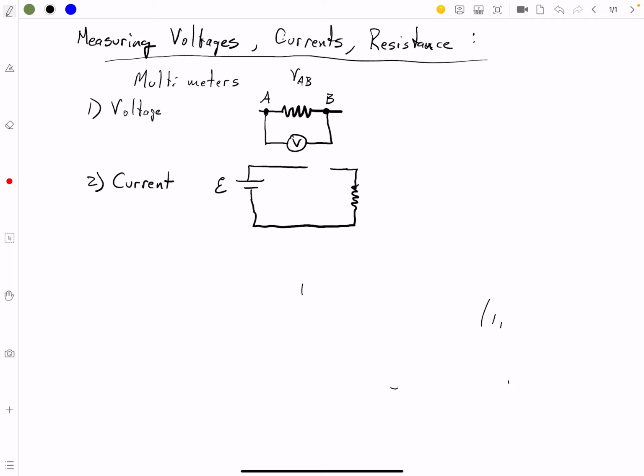All right, so we want to know the current. There's going to be current through here. What is that current? How do we measure that current? Well, we put in place, in series, our ammeter. Okay, so this is a voltmeter. This would be an ammeter.